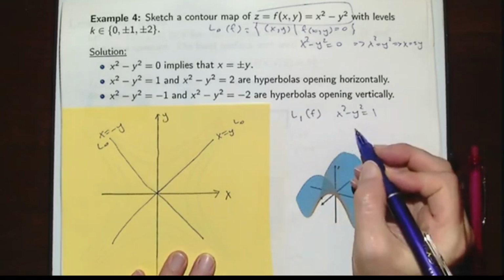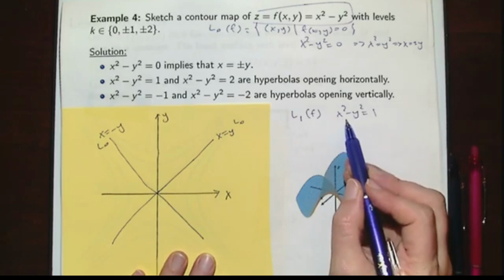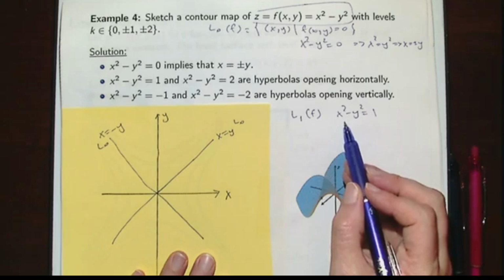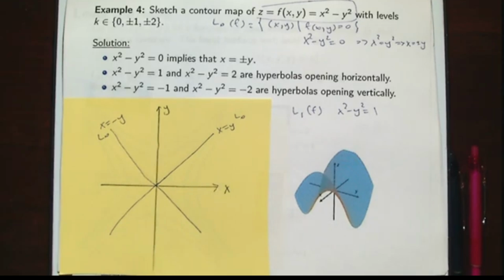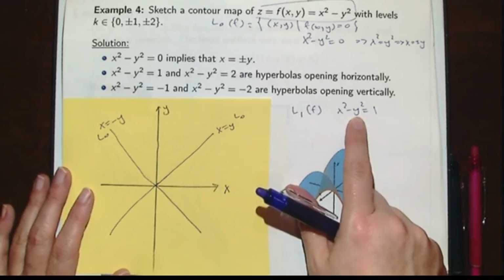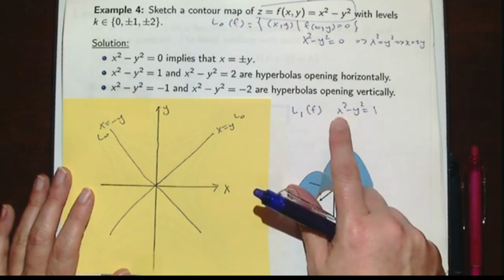Fair game? Everybody follows that much. So when I'm setting that equal to 1, what kind of a hyperbola is this? Opens this way or opens this way? So if I set y equal to 0, I have x-intercepts.